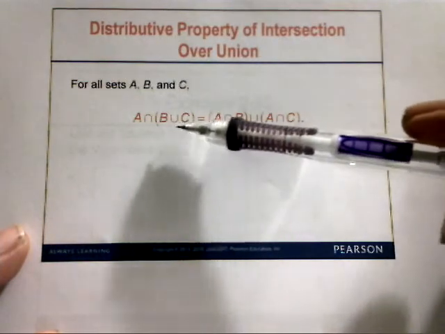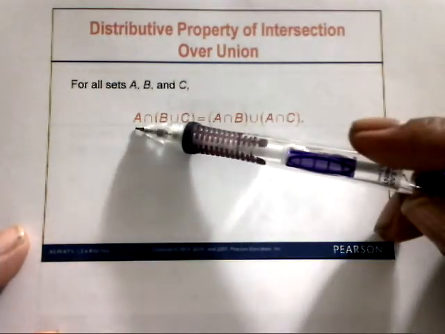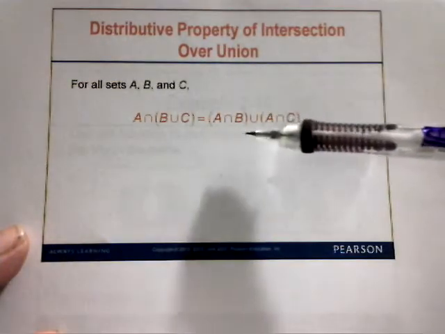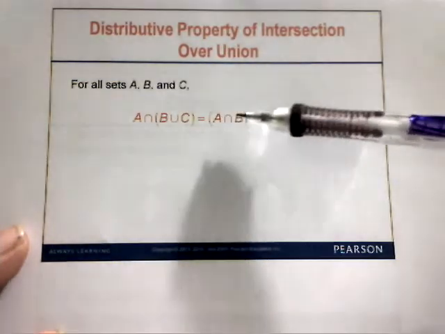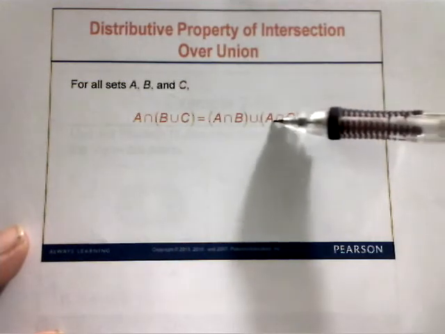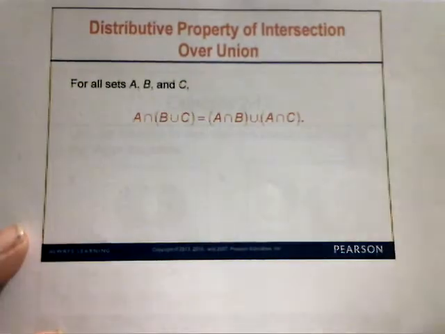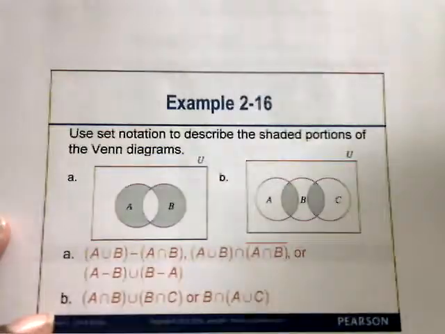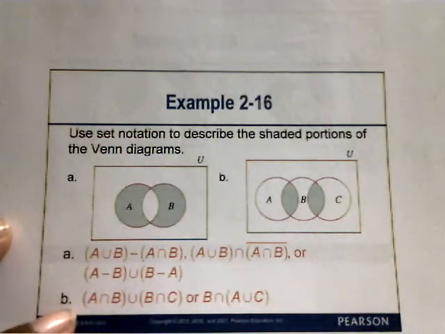You take the union of B and C and get its intersection with A. That's the same as this, the union of the intersection of A and B and the intersection of A and C.